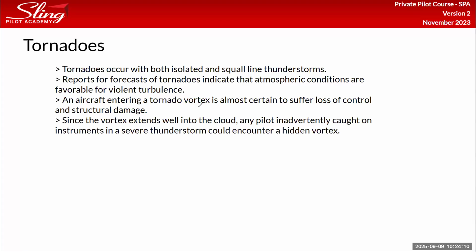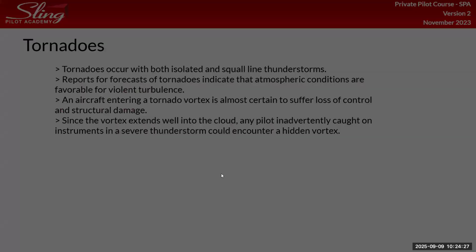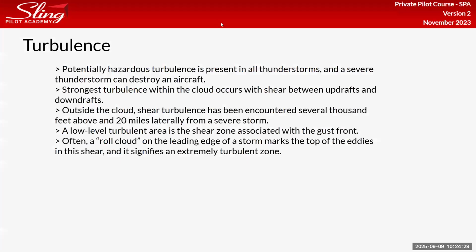It extends all the way up into the cloud bases, not just on top of the ground where the vortex is. So flying above it, you're probably caught in a severe thunderstorm. You would encounter a hidden vortex up there. I think that's the only thing they're trying to tell you here. We're not really worried about tornadoes out in California.